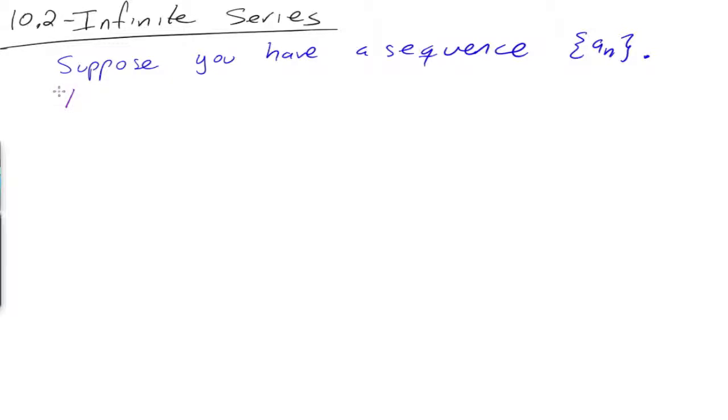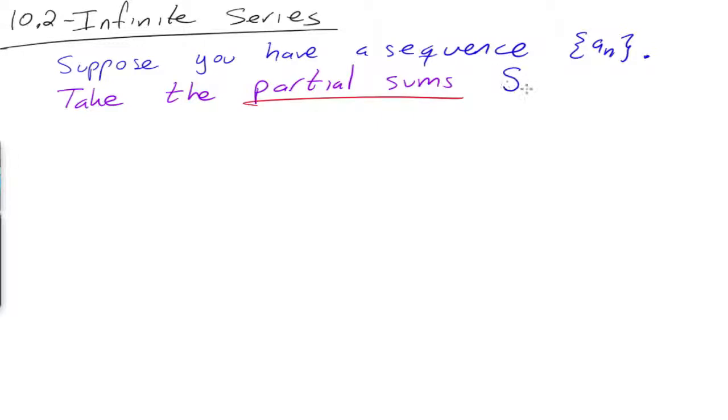And let's say we take the partial sums of the sequence. So I'll underline this. So the partial sums are denoted S sub n. So the partial sums are basically the sum of the terms of the sequence starting from the first all the way to the nth.